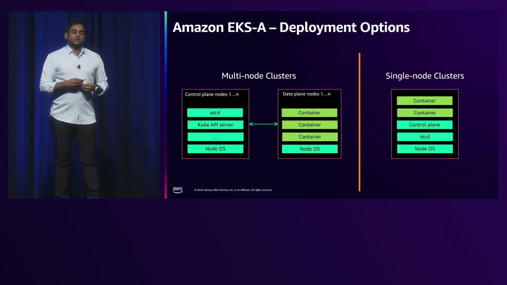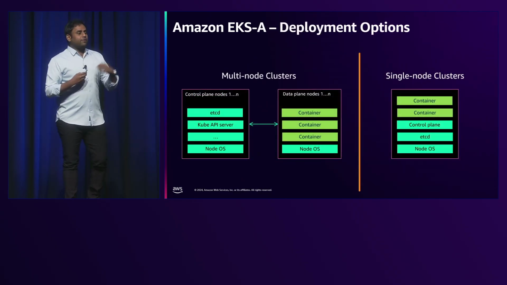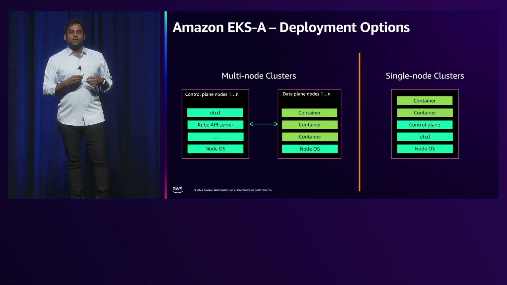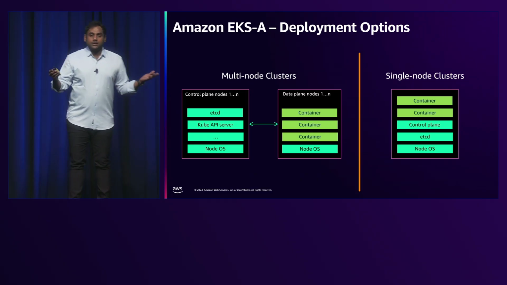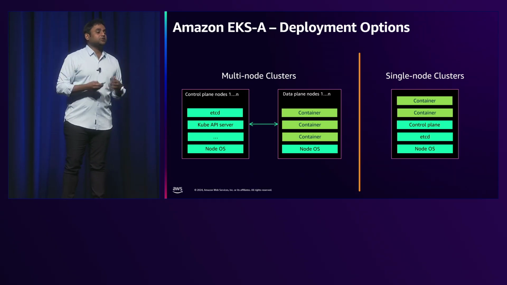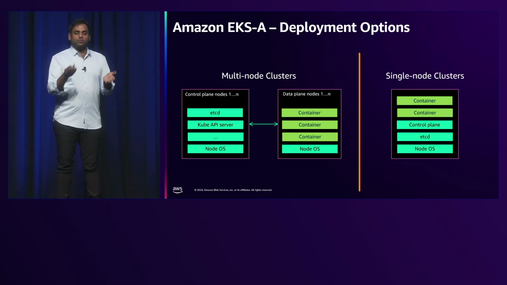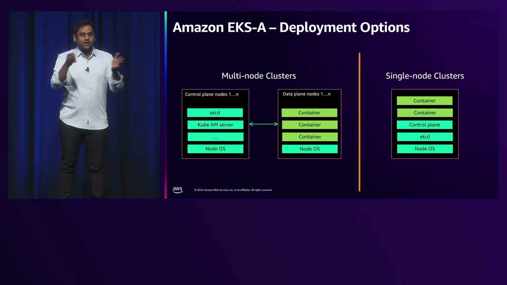Lastly, the deployment options, right? So when we reached out to customers, each customer has their unique set of requirements when creating a Kubernetes cluster. We cannot always force them to create a multi-node cluster because there might be conditions where they are resource constrained. So that is where we support different deployment options. The first one being the multi-node approach, where each node will be acting as a control plane or a data plane node.